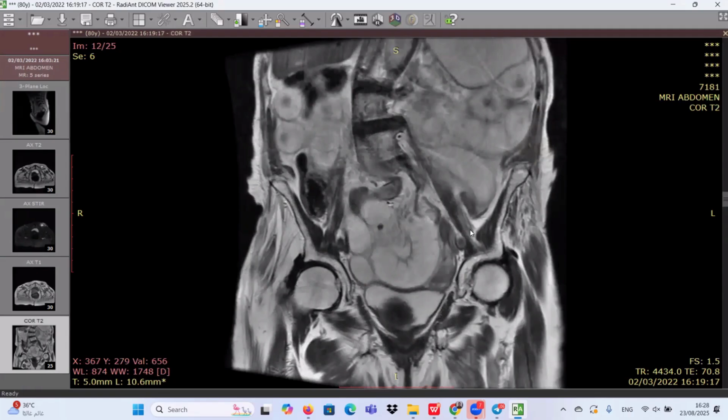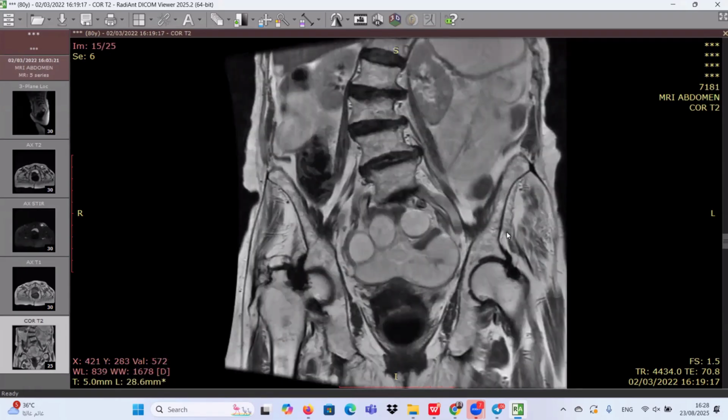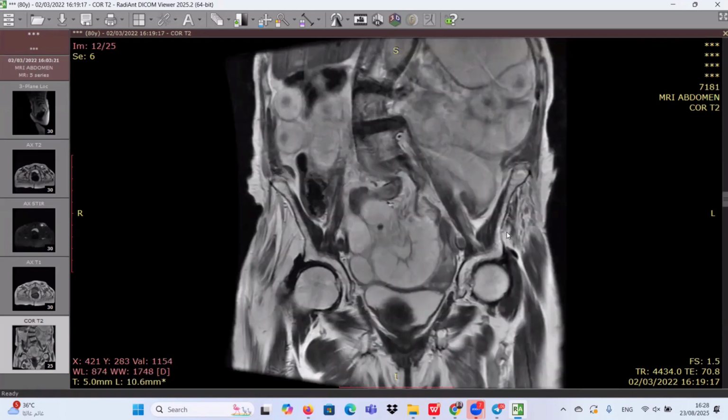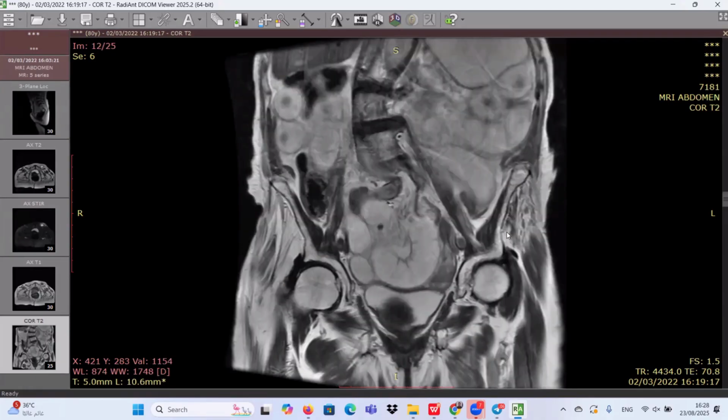Doctor, do you mind scrolling for me? No problem, I will scroll for you. So I believe it looks like loops of bowel.